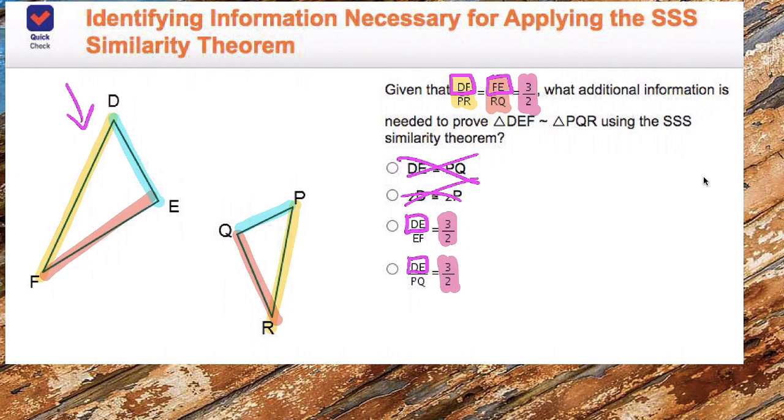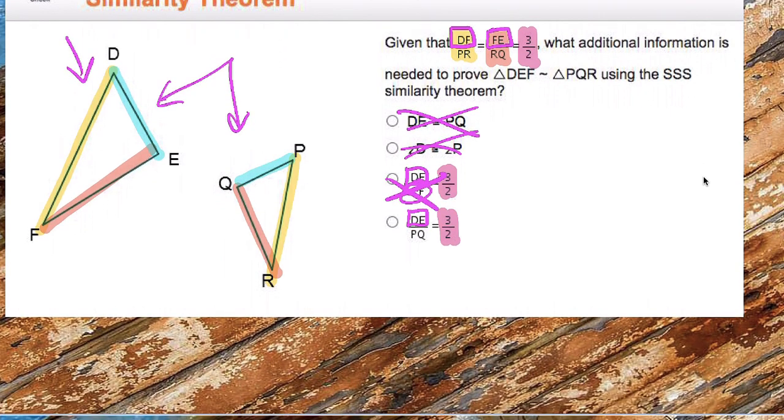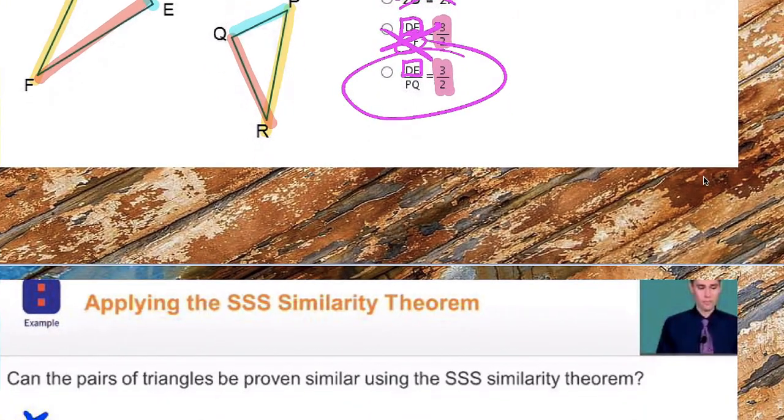Next, we should have DE listed over side PQ, because those are the ones that we were missing in the ratio. And if you notice, the first option has it over EF, so that one is incorrect, leaving us with the bottom choice as the correct answer.